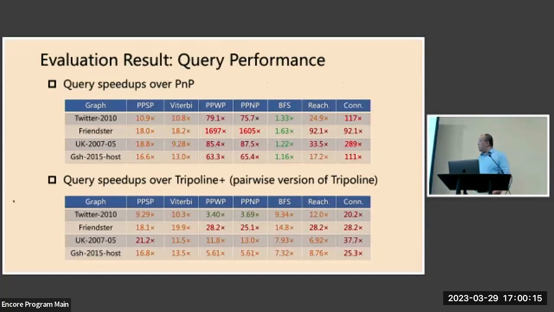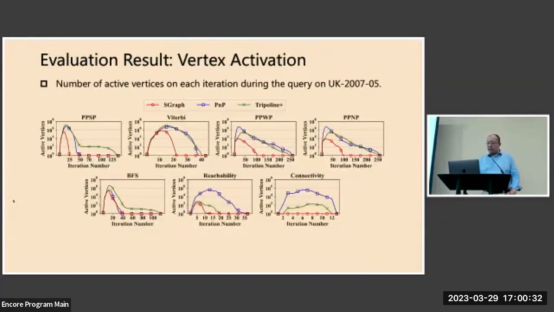This provides the performance comparison between the PNP and the triplet. We modify that to support the pairwise query. You can see that the performance improvement is very significant, and that is purely because of the consideration of the lower bound.